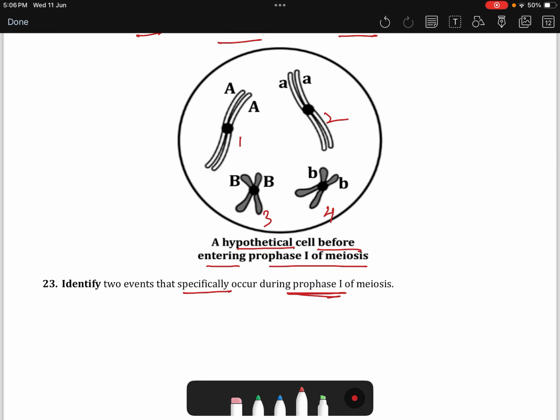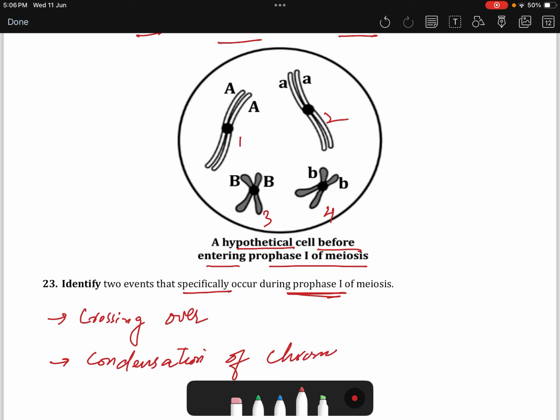That event was crossing over. We repeatedly said crossing over takes place in this one. What else happens in prophase 1? So you can say condensation of chromosomes, right? So condensation of chromosomes takes place over here.